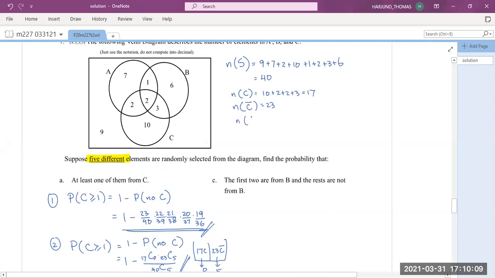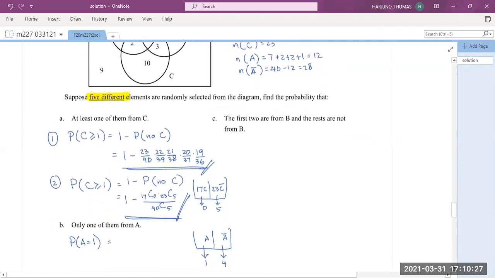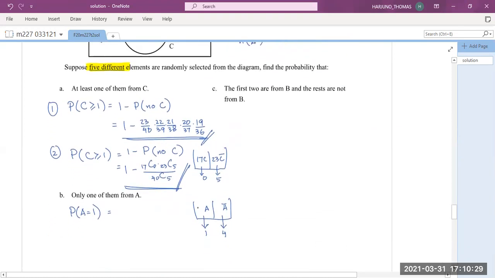Number of elements in A will be 7 plus 2 plus 2 plus 1, that's 12. So the number of elements not in A will be 40 minus 12, that's 28. That's 12 here, 28 here. So 12 choose 1 times 28 choose 4 over 40 choose 5.